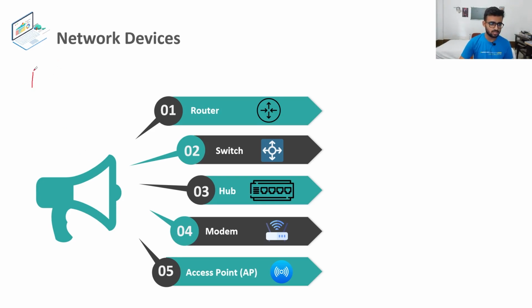Let's suppose this is a PC and this is a PC, and both PCs are connected to a switch. This is a symbol of a switch. You can also use this symbol. This is the logo of a multi-layer switch, and this is the access layer switch.